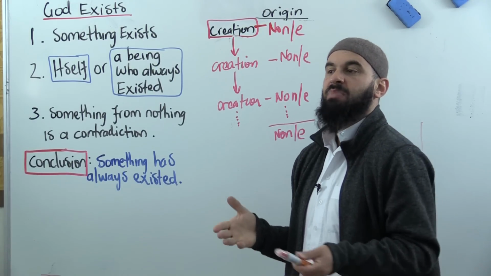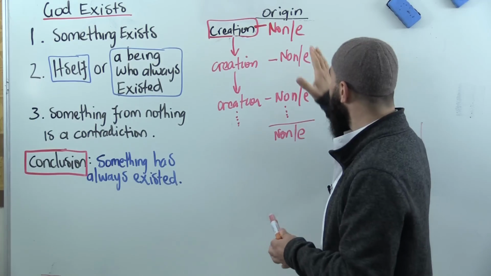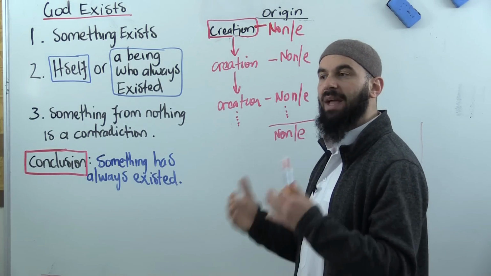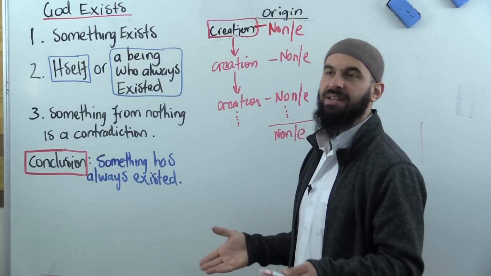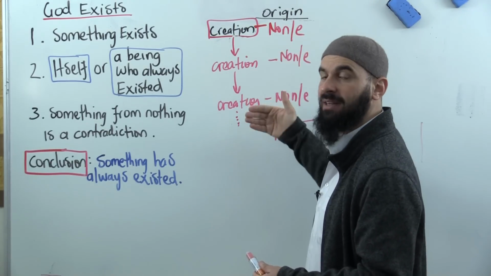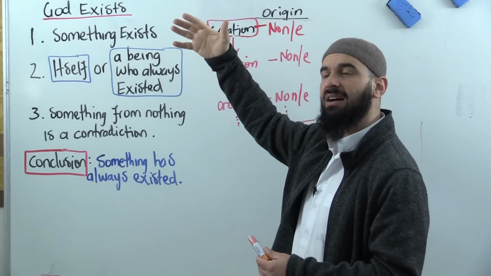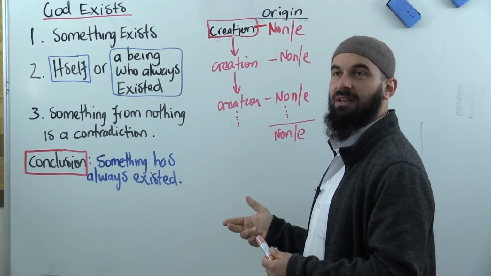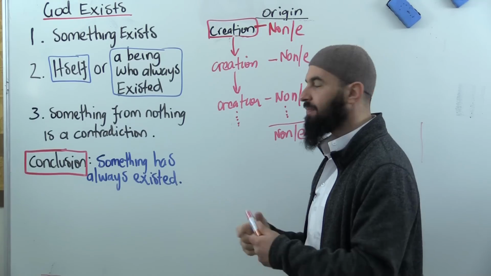So the question needs to be asked, if all you ever have is non-existence, from where will existence arise? How will existence come about if all we have in that chain, which regresses forever, how will we ever get existence? How will existence ever arise?